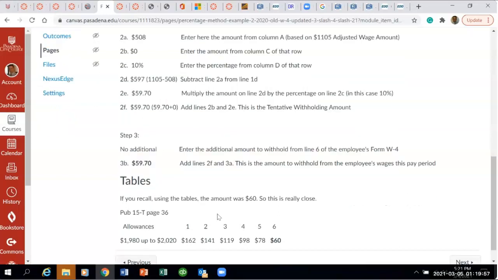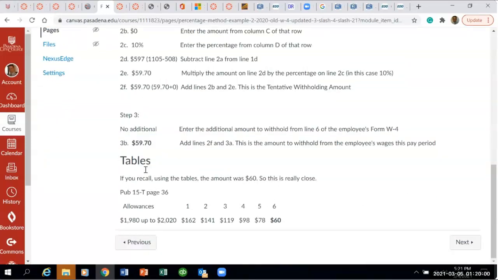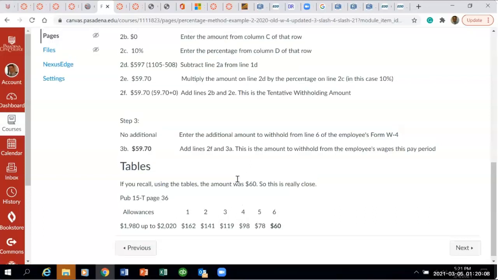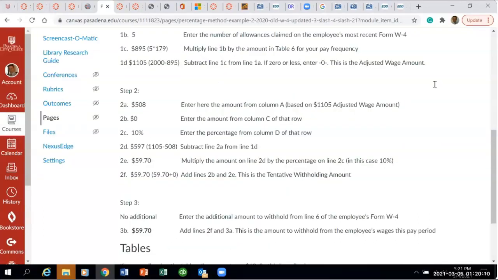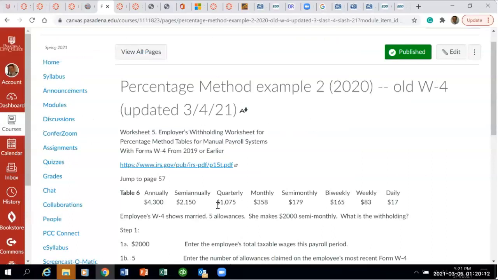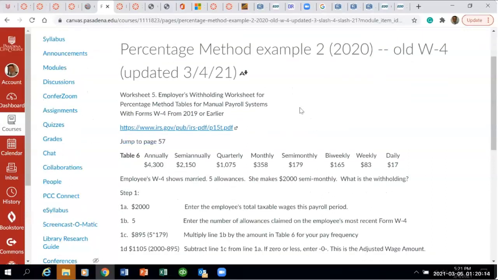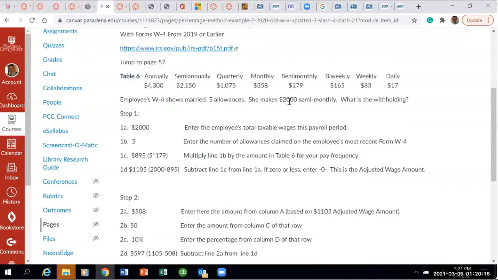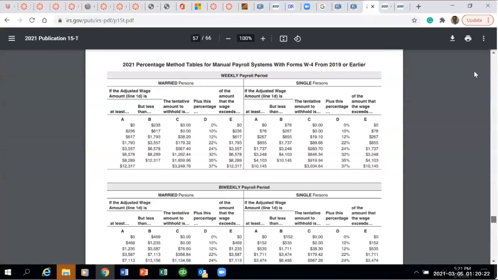If you want to use tables, I did it here just to compare. For the table, if you use it, it ends up to be like $60. So this is the old W-4 using the table, semi-monthly, $2,000 married. Just to prove it, let's go back.